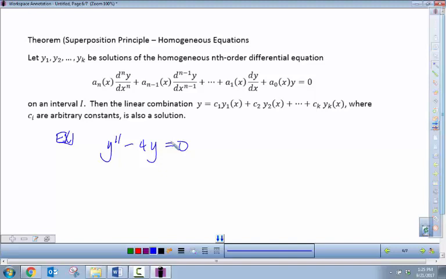So let's try e to the x. Maybe with the 2x here? Yeah, modify the other one. So let's try this one. The first derivative is 2e to the 2x. The second derivative is 4e to the 2x.